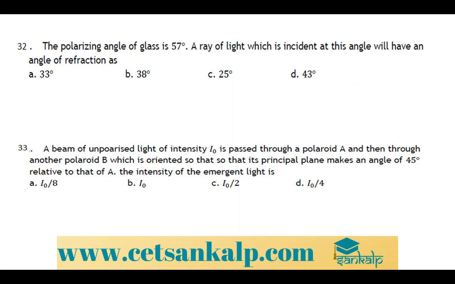Remember that. A ray of light which is incident at the polarizing angle. Then theta p plus r is equal to 90 degrees. So r is equal to 90 minus theta p, but theta p they have given as 57. So finally you will get 33 degrees.